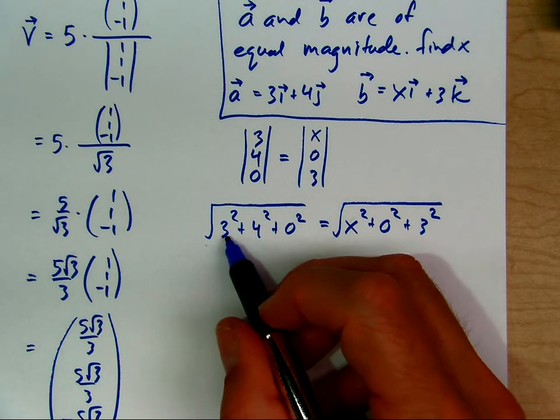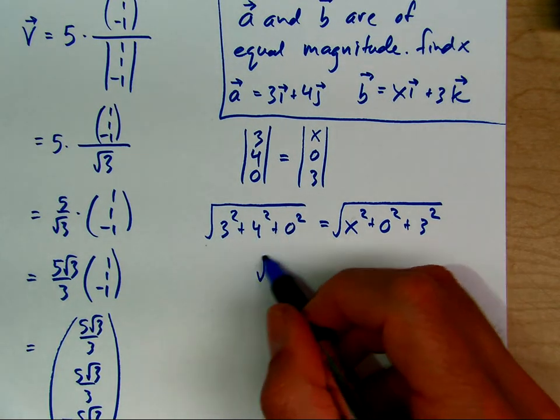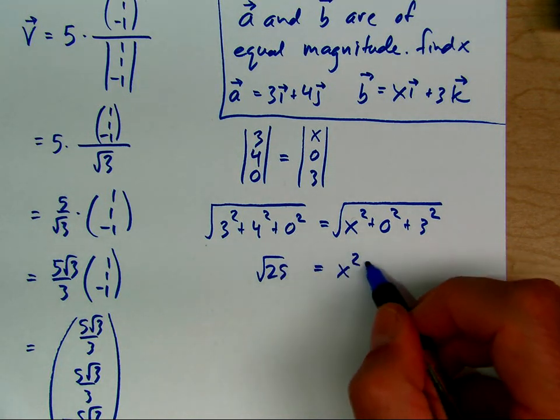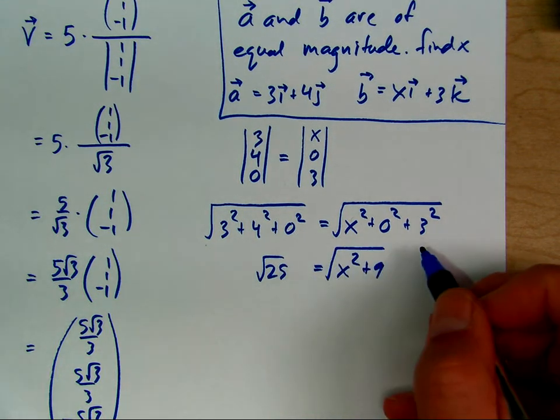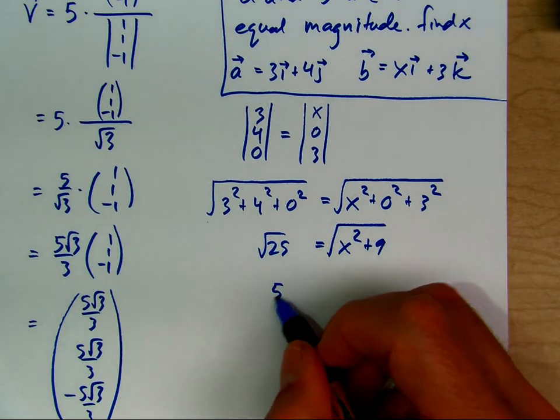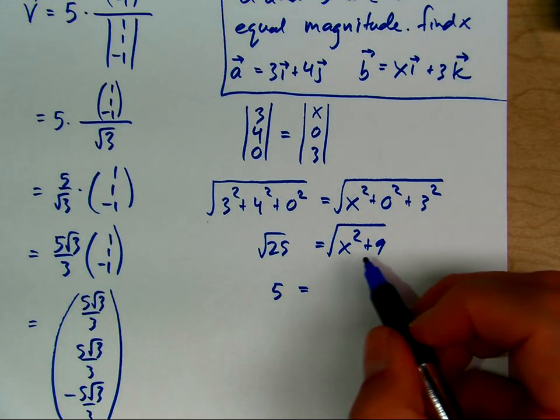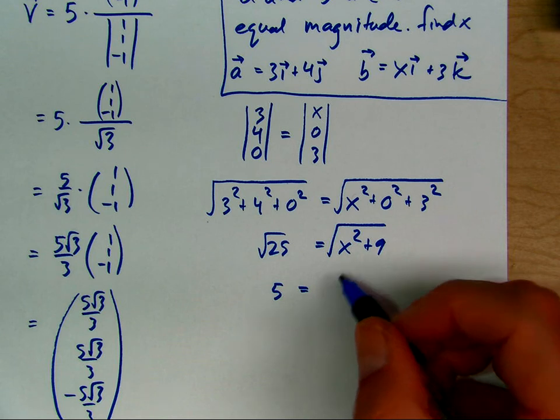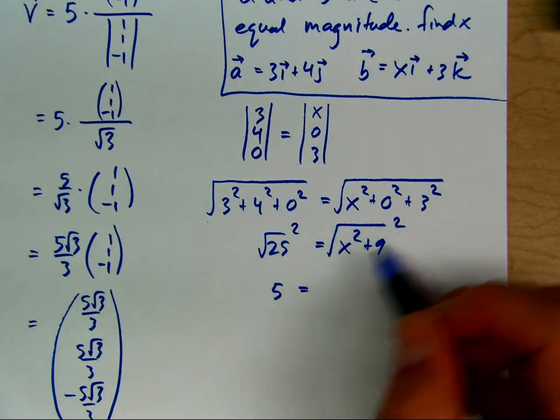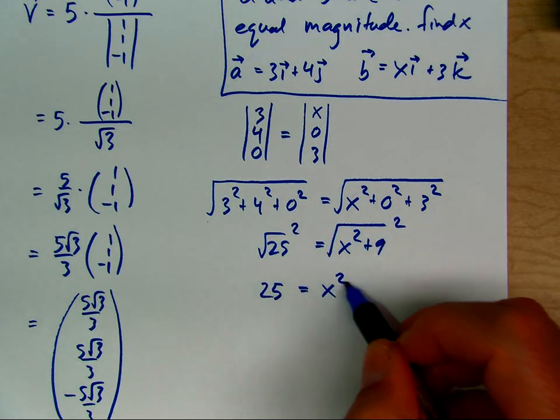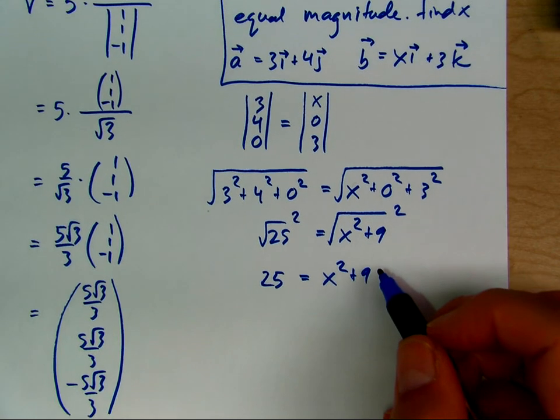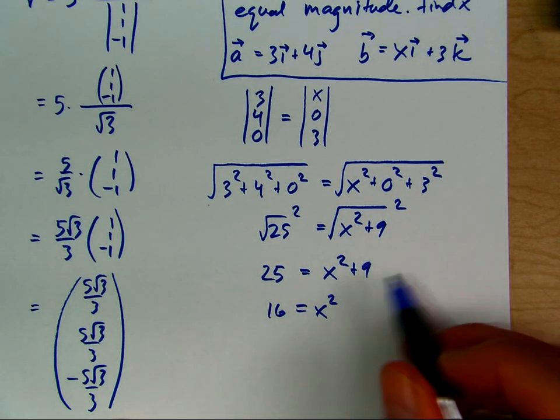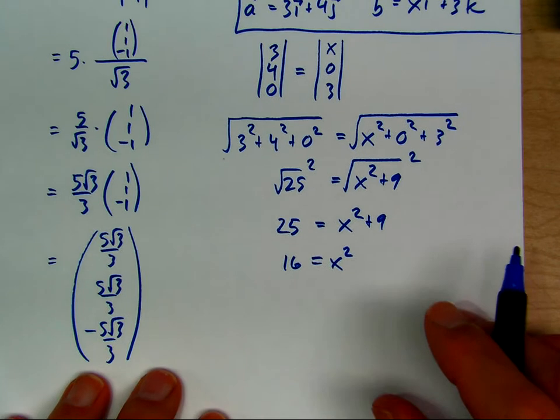So we'll have 9 plus 16, radical 25, equals radical x squared plus 9. Why don't we just square it there? And we'll have 25 equals x squared plus 9. Subtract 9. And square root.